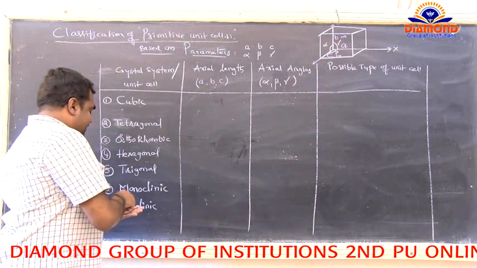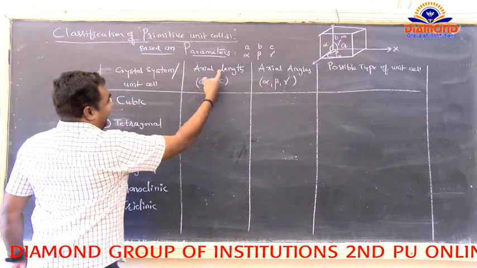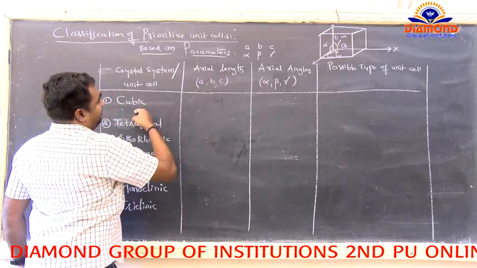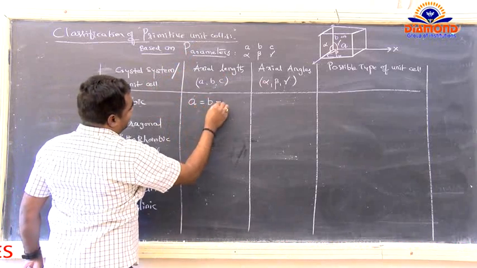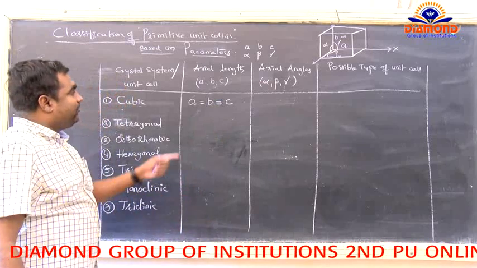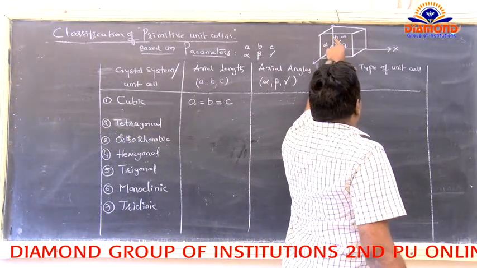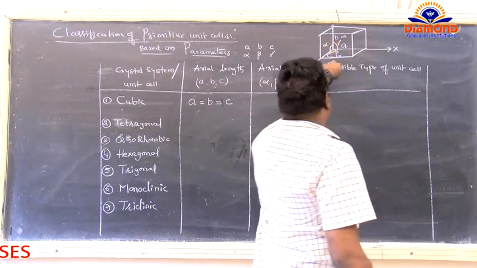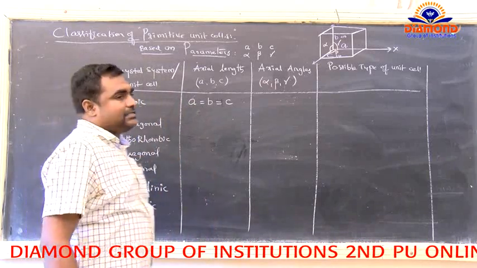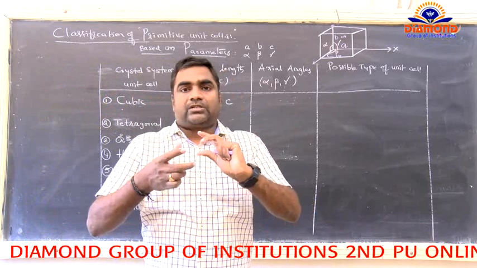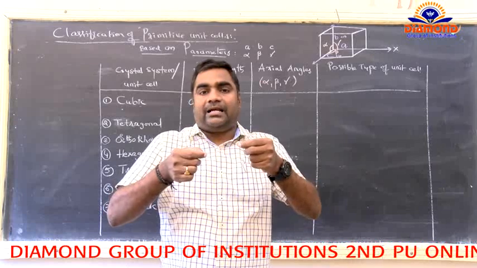Now, based on the parameters, what are the axial lengths for the cubic unit cell? That means a is equal to b is equal to c. Remember, the length is the same in each and every direction. That belongs to the cubic unit cell. Simply, for the cubic we have the Rubik's cube, one of the toys. The Rubik's cube has the same length, same breadth and the same height.